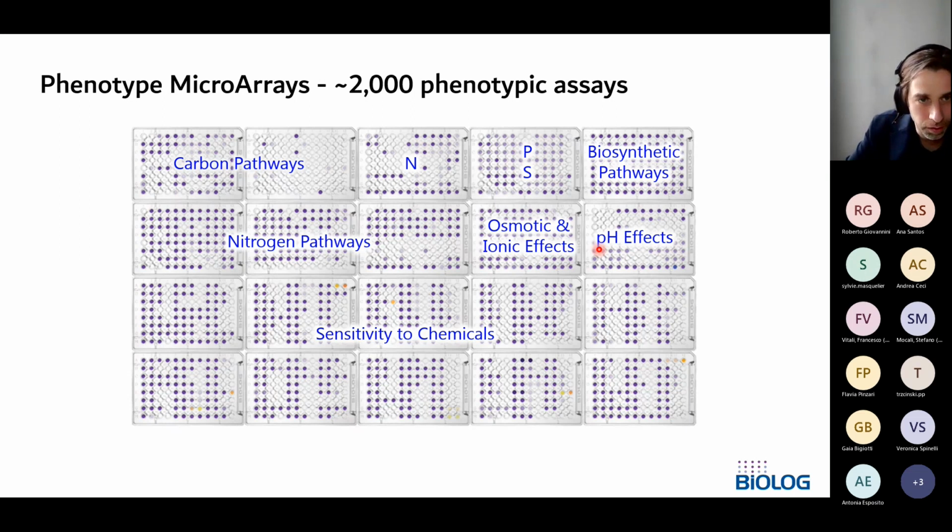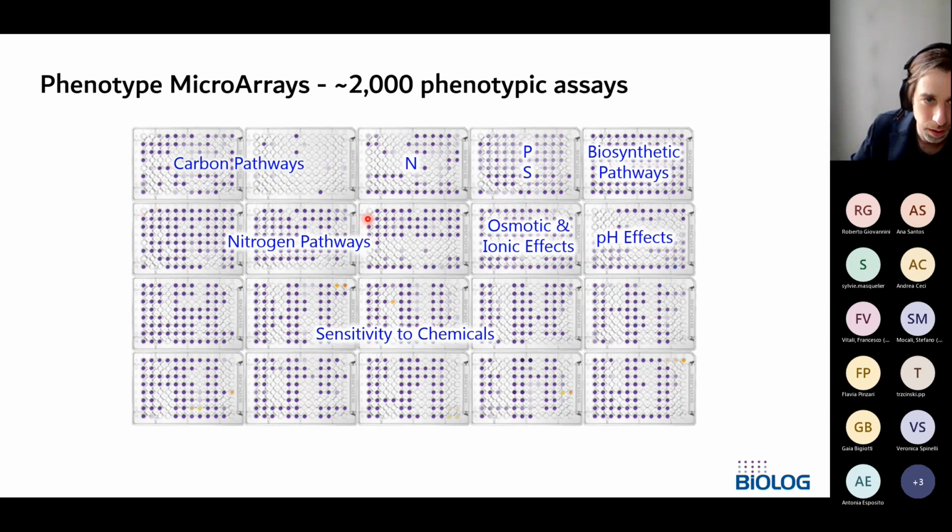So this is, before we dig in, the details on the different plates that BIOLOG developed for the Phenotype Microarray technology. Not only one plate that was used for ID, but several different plates that target different segments or areas of the cell metabolism.